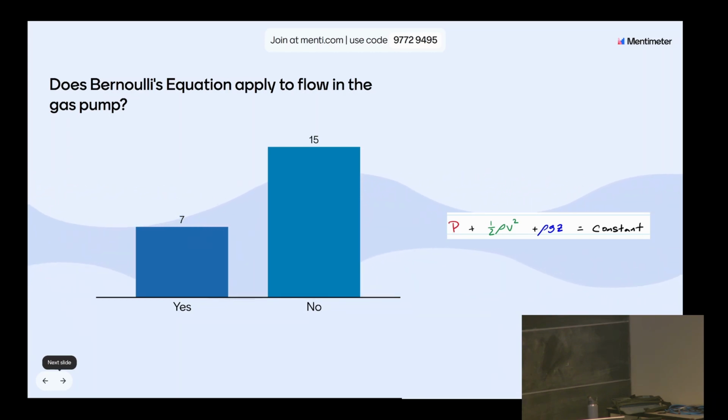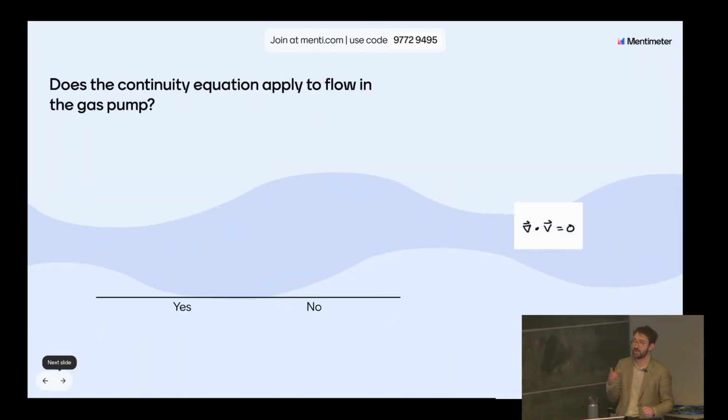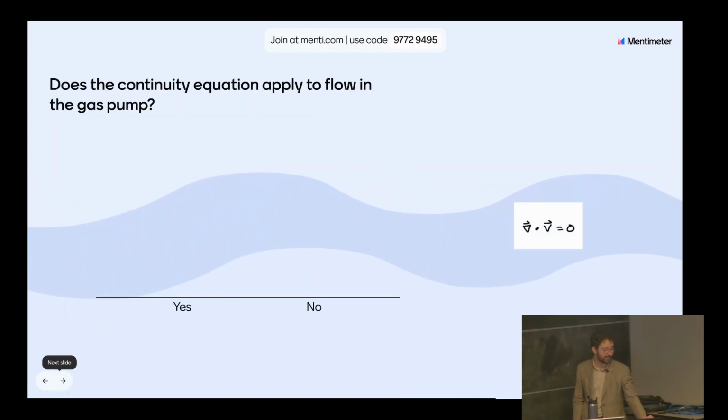So that frictional loss is why we have to pump. There are no frictional losses in Bernoulli's equation, right? If you applied Bernoulli's equation to a pipe, you wouldn't have to do anything to get water to flow at whatever rate you wanted. It would just flow if you apply a little bit of pressure. So that frictional loss characterizes pipe flows and why we need to extend Bernoulli's equation.